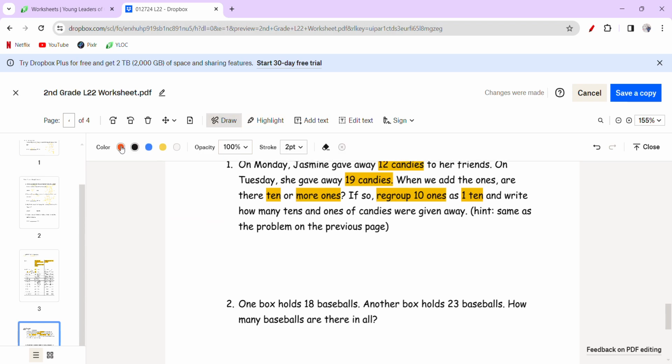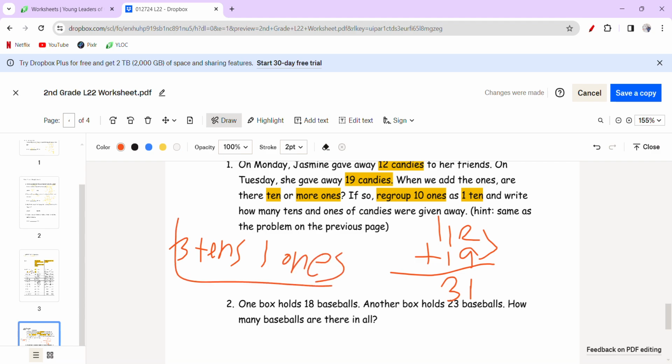So you would simply add 12 plus 19, and 9 plus 2 is over 10 because it equals 11. So then we would have to regroup by putting the 1 right here and then add 1 ten over here. 1 plus 1 is 2, 2 plus 1 is 3. So we know there are 3 tens and 1 one. Just like that.